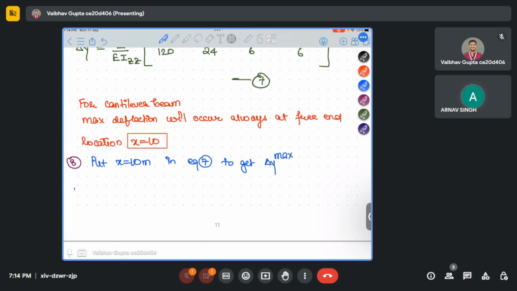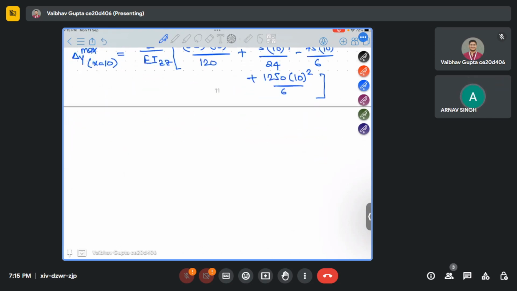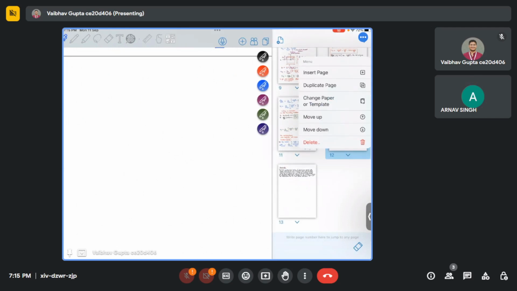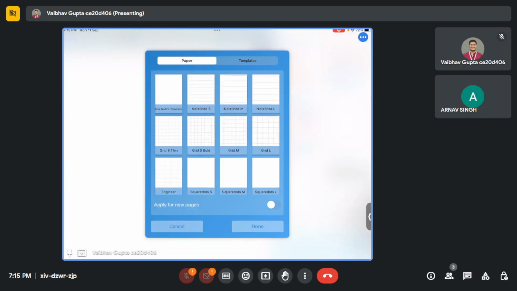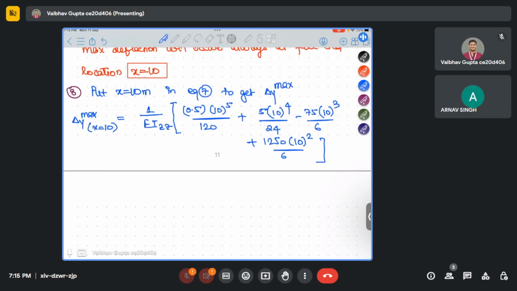So del y maximum at x equal to 10, we will get 1 by EIzz: 0.5 into 10 to the power 5 by 120 plus 5 into 10 to the power 4 by 24 minus 75 into 10 to the power 3 by 6 plus 1250 into 10 square by 6.